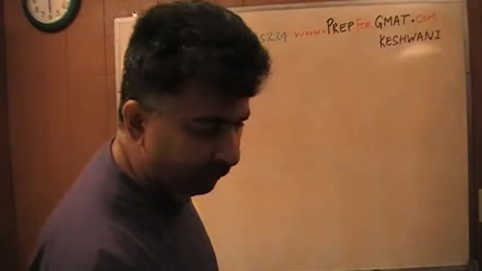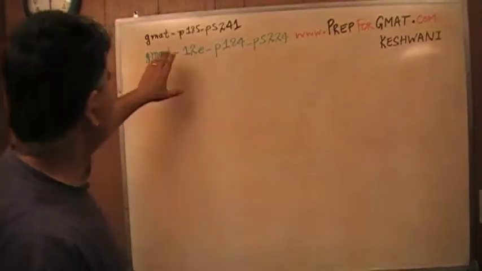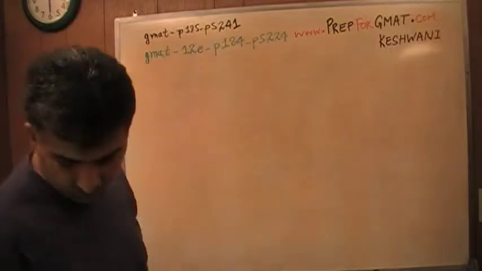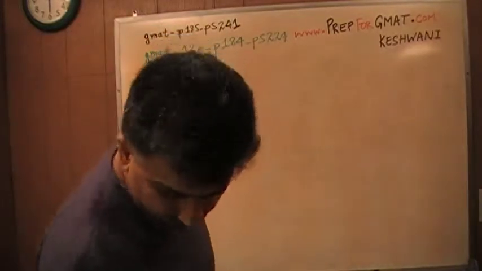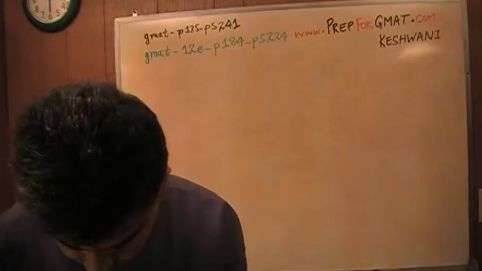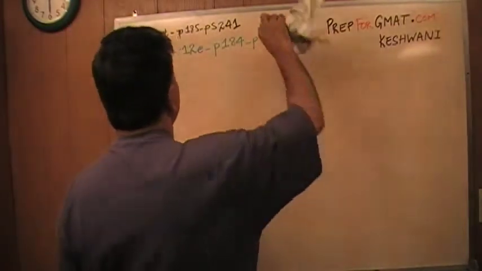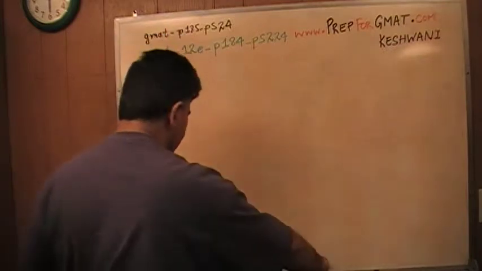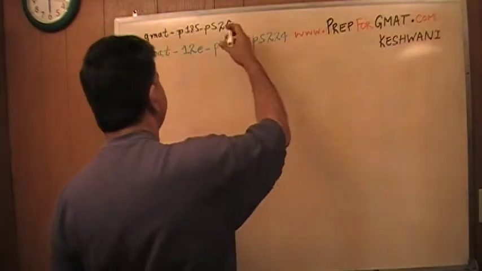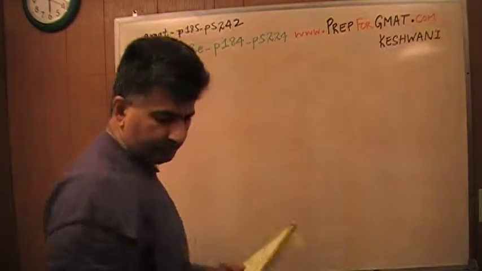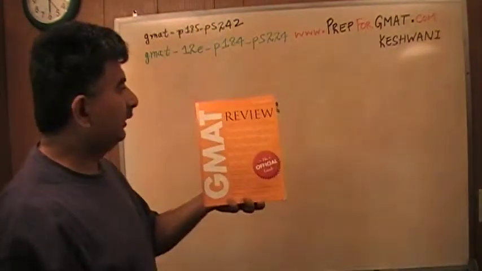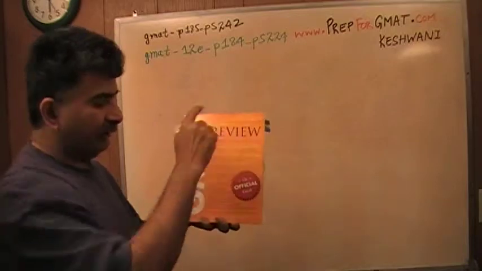The problem that I'm about to solve is the one that you will find on page number 185, problem solving number 242 as a matter of fact, not 41. On page 242 in this book here, the GMAT Review, the 11th edition.